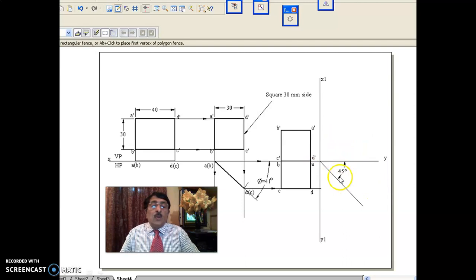Now you see here, when you draw this, if they ask you for the left view, that means you should do it on the right profile plane. Anyway, this is VP, this is HP. I have the front view here, I have the top view here. Now I have made X1, Y1. That 45-degree line I have made ready so that I can get the left view on the right profile plane. And it is obvious that for this condition, it will be seen as a line, perpendicular to RPP.